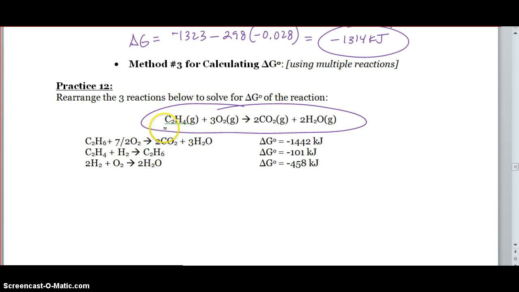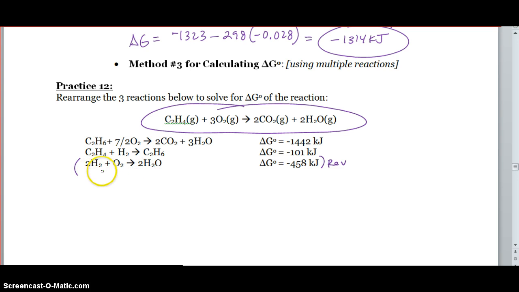Looking for making sure your reactants are on the correct side, so C2H4 is on the correct side there. Hydrogen does not appear in the final reaction, but I do see it here. I know I can't flip this one because C2H4 is on the correct side, so that means I'm probably going to want to reverse this one, and when I do that, the sign of delta G will become positive.